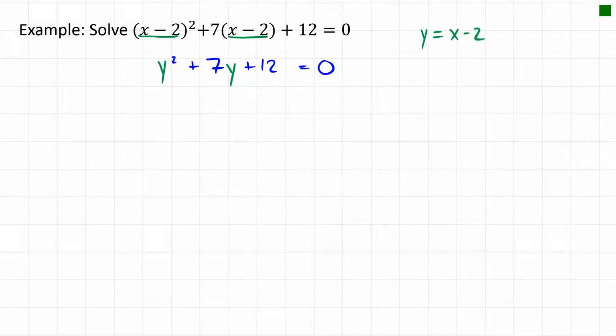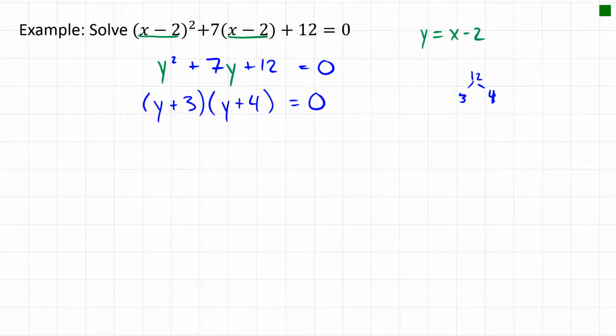And again, it can be solved by factoring because 12 can be factored into 3 and 4. This is a simple trinomial too, which is nice. So this would be y plus 3 times y plus 4 is equal to 0.